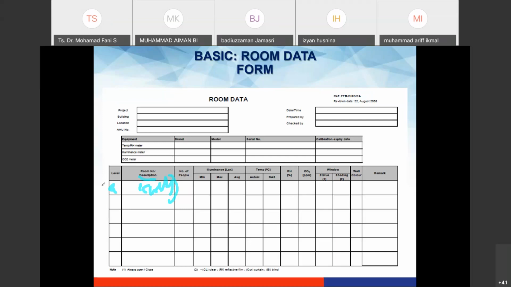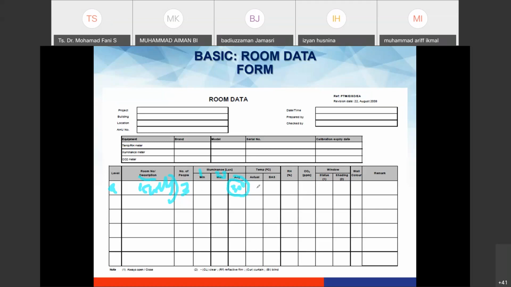Number of people in the lobby: imagine the lobby in FKE, we have a total of 3 staff. So the lux level over there: we can measure the maximum and minimum, or we can take 3 readings and get the average for the lux level. For example, 300.